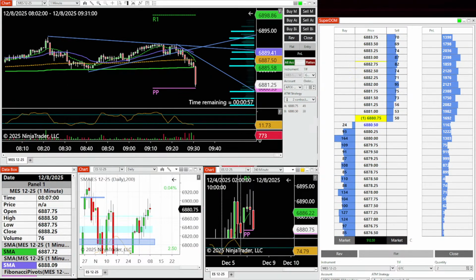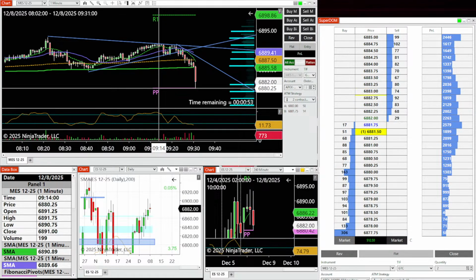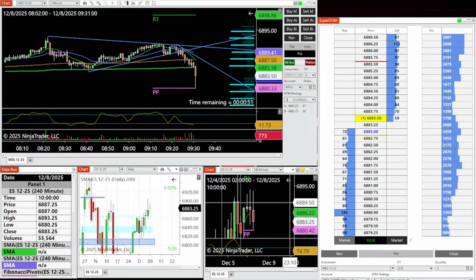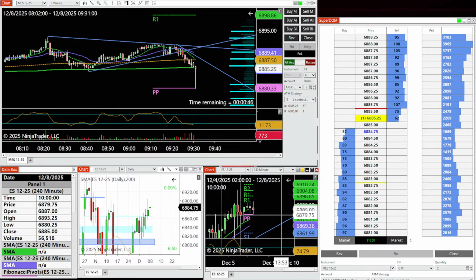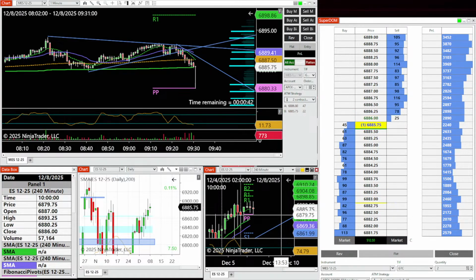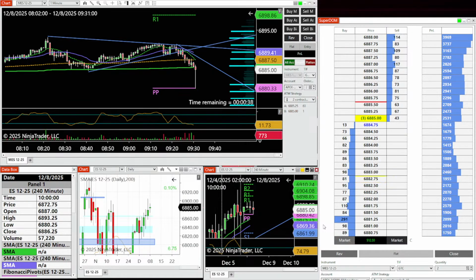Market is open. Came back down to the 80, to the pivot point. Moving back up. Let's see where it wants to go.